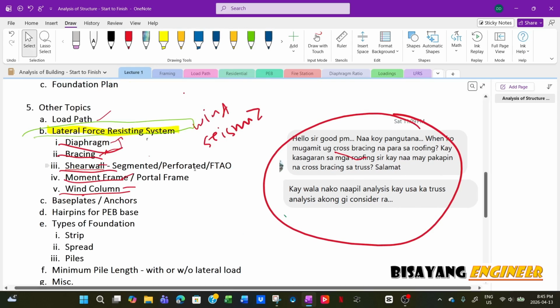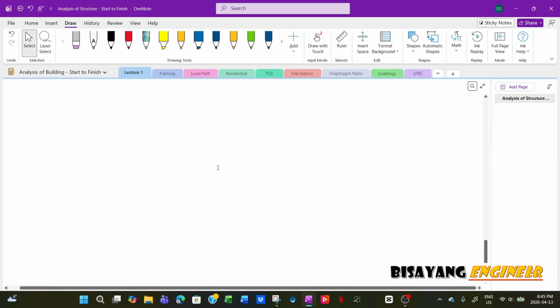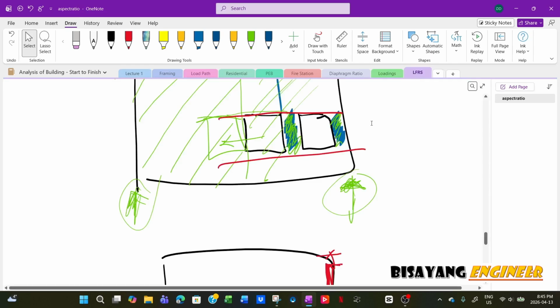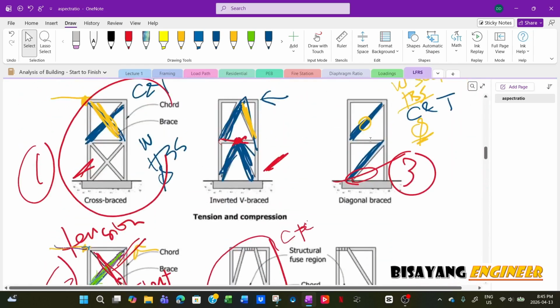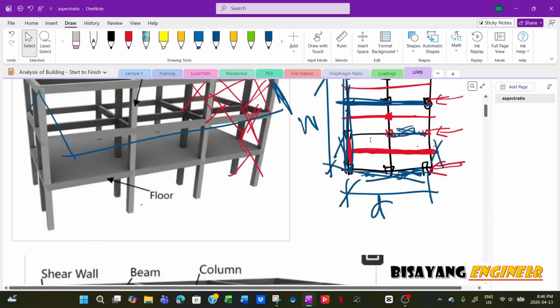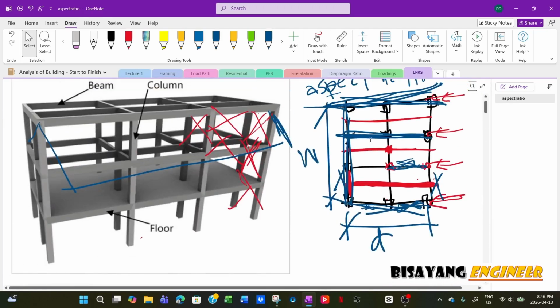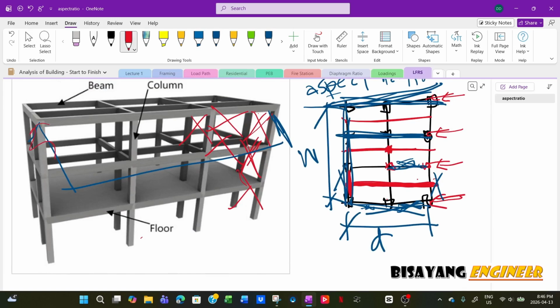So when you design, it's really up to you what kind of system you want to use. If it's a concrete building, then you can use just moment frame, the typical conventional way of framing a concrete building, just beams and columns resisting the lateral load.